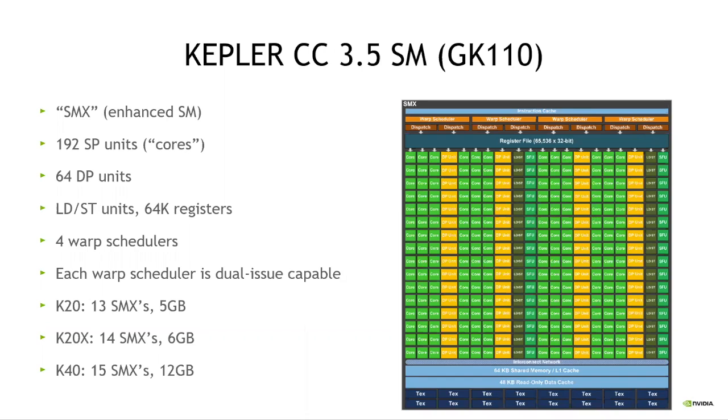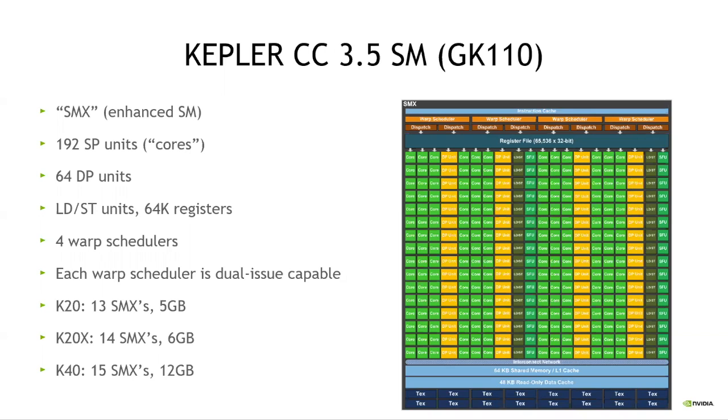We have to be more careful if we're going to make those kinds of comparisons. But if we stay within an architectural generation, then most of these numbers are fixed per SM, and therefore, since we build a GPU out of a number of SMs, we can immediately identify how many cores, for example, are in a particular GPU.